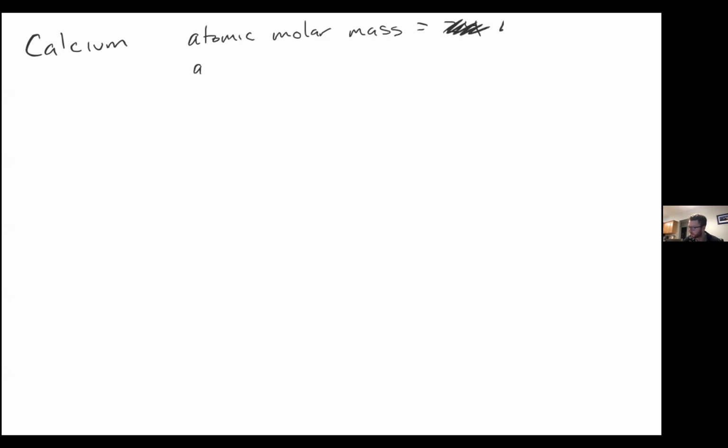It has an atomic number of 20. This tells us our protons, and the mass number tells us protons plus neutrons.